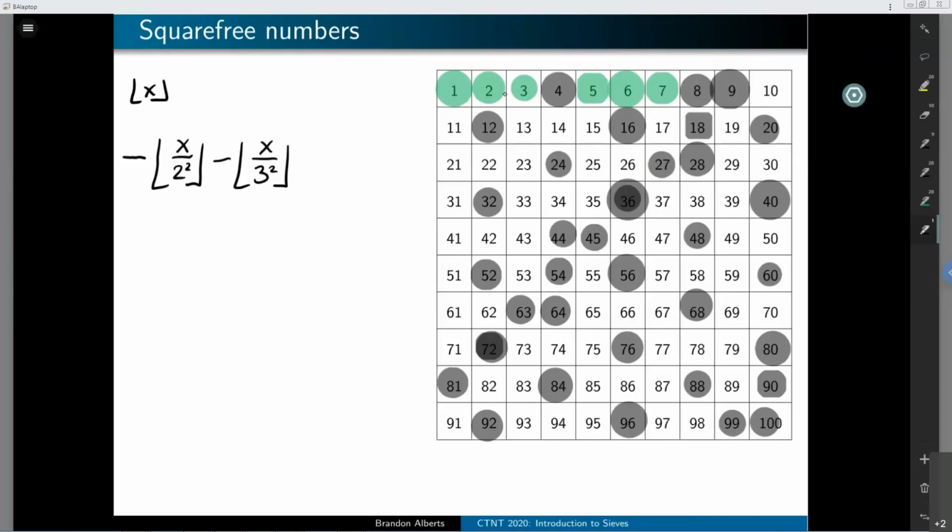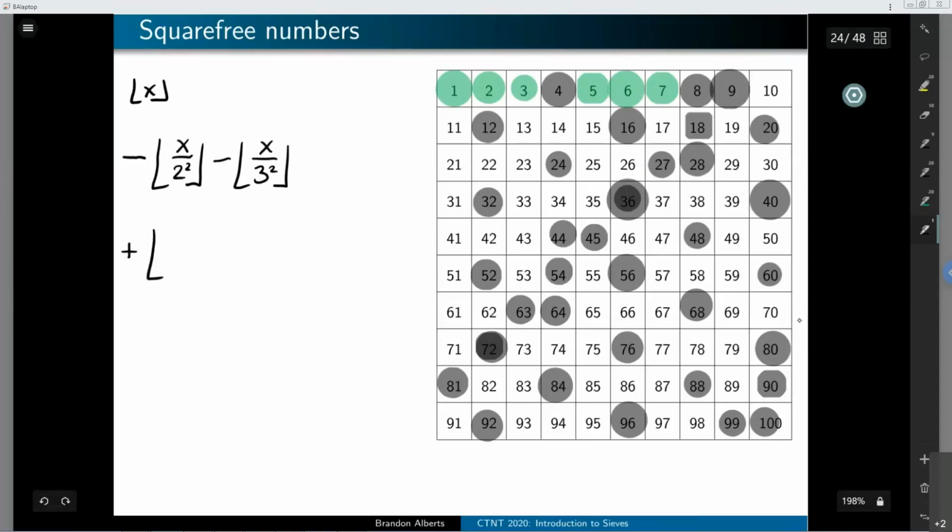So right now, all the green numbers are counted once. All the numbers that aren't shaded at all are counted once. And 36 and 72 are counted -1 times. That's not good. We've over-removed those numbers. So we have to be careful and add back in the extra copies to make sure we don't get a bunch of extra minus signs throwing off our computation.